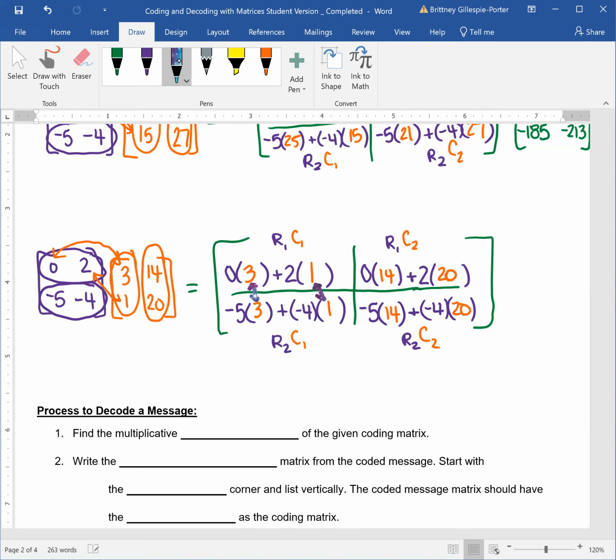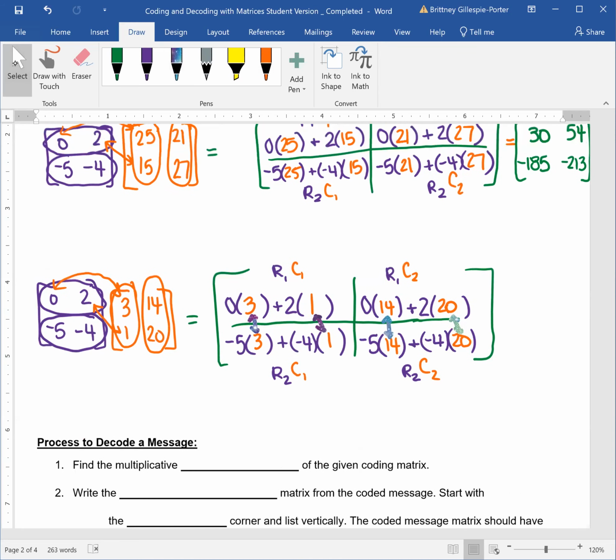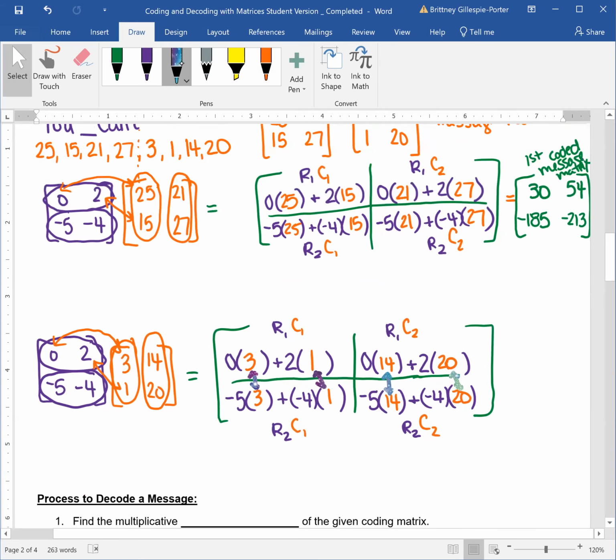And remember, you should be able to double check your work. What we have in the parentheses from the columns should line up right above each other. I didn't check that on the previous one, but we can check that again real quick. You can see the 25s are above each other, 15s, the 21s, and the 27s. Now, let's finish getting the answers for our second message matrix.